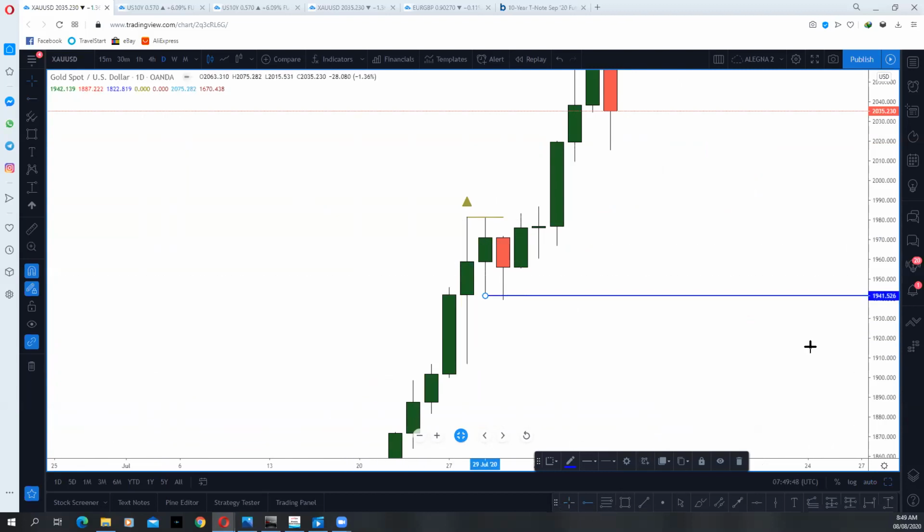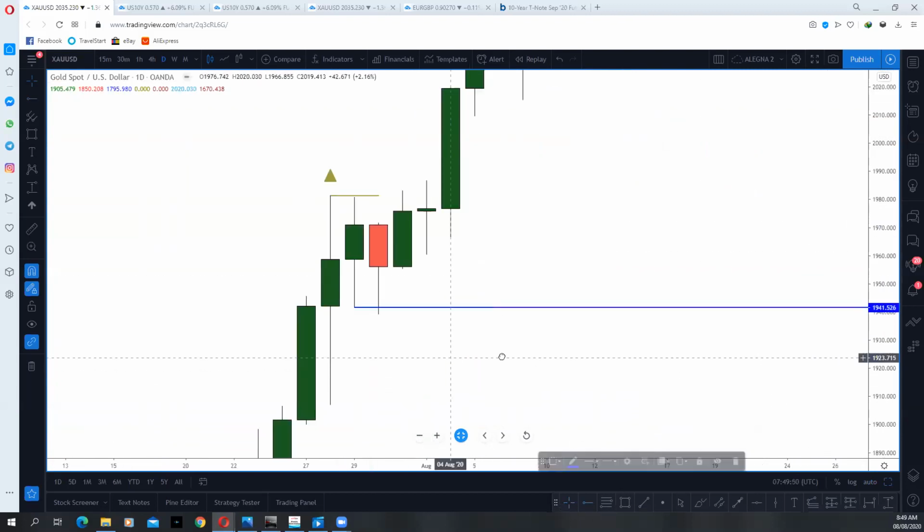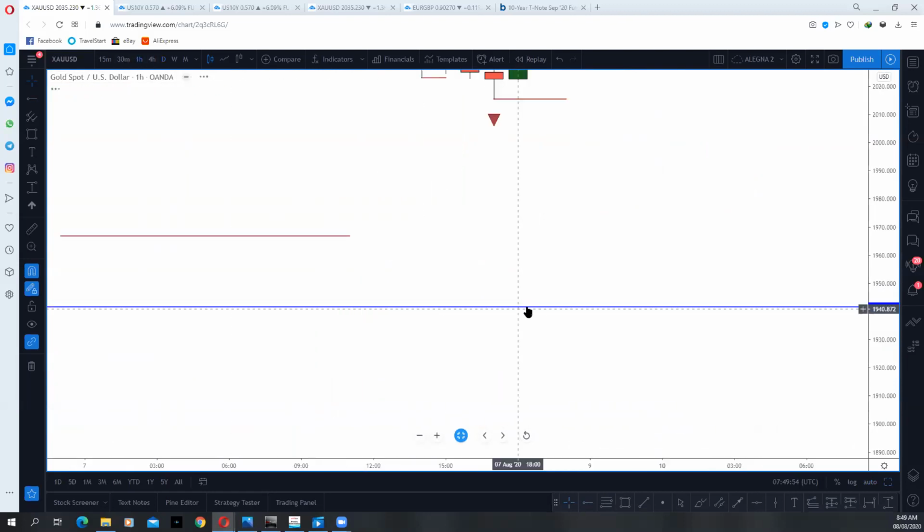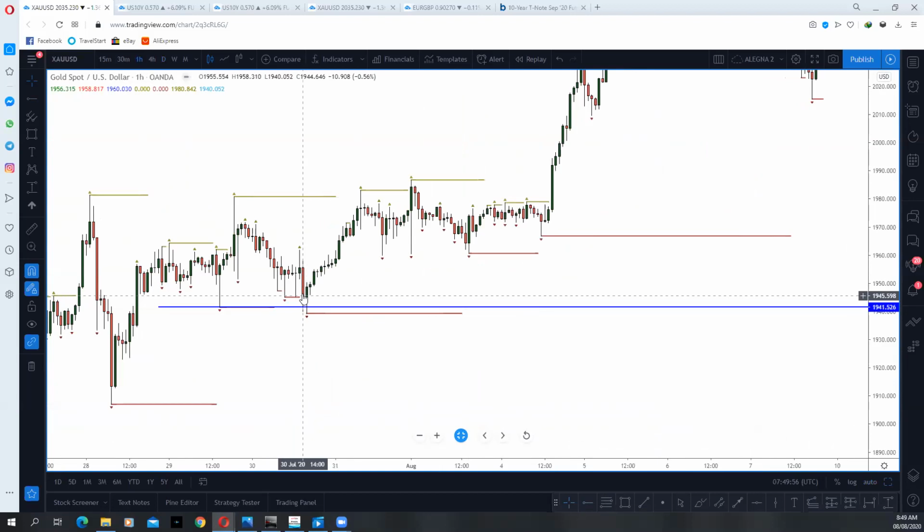Do you see what price did? Price tripped the low. Let's go to a lower time frame. Do you see? Price tripped the low, immediately tripped the low. It continued higher. So that is liquidity being picked up here. Sometimes the liquidity can be used to reverse the trend, and it can be used as a continuation of the trend.